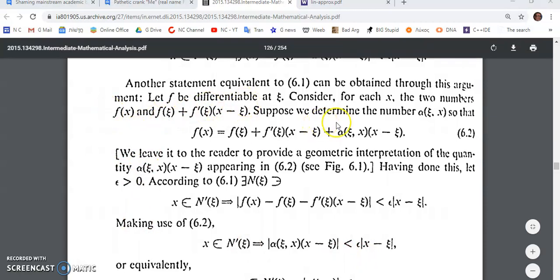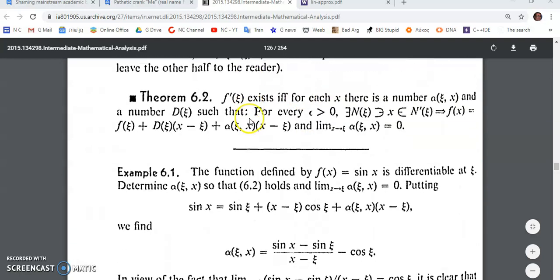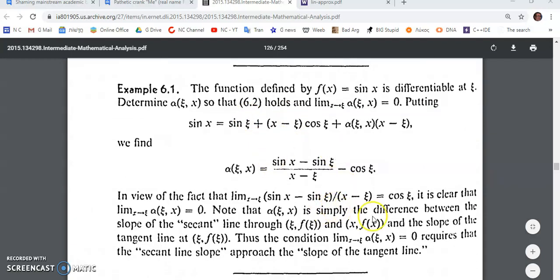So he says, suppose we determine this number here so that this identity is true. Now, this identity can be reduced to my identity, but it's not at all in the same context as my theorem.